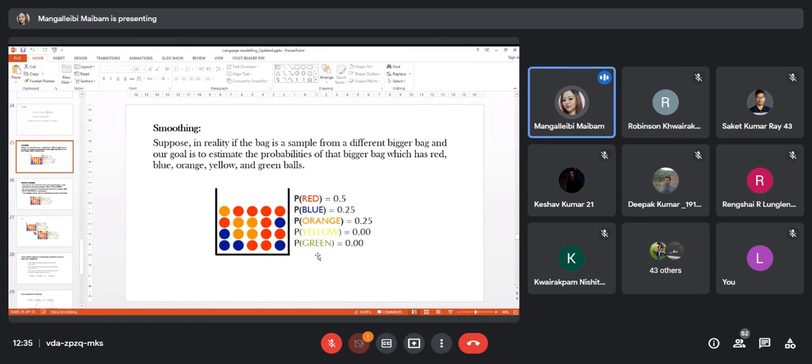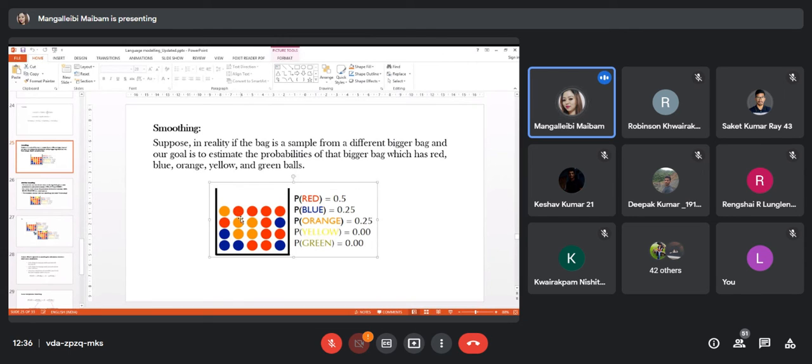And this is about add-one smoothing. Suppose in this collection, this is what I want to explain. So suppose in this collection, you don't have any yellow color balls and green color balls. But if I want to take out these samples from a bigger collection, suppose this is a bag, consider this as a bag.